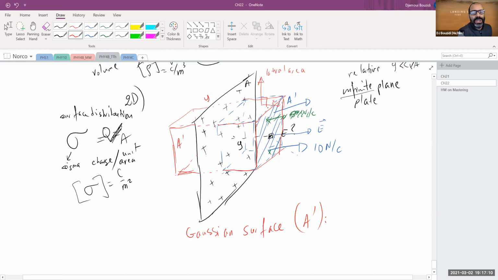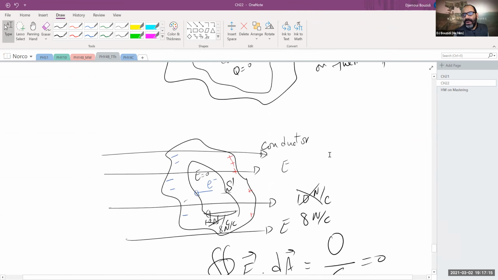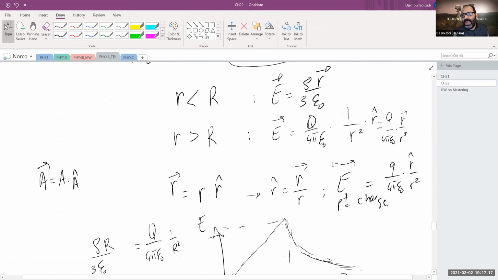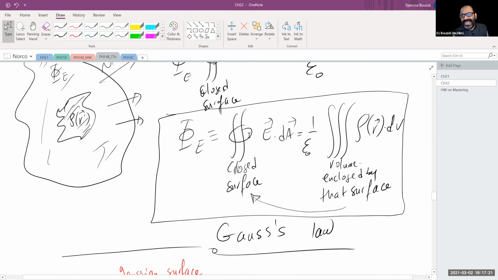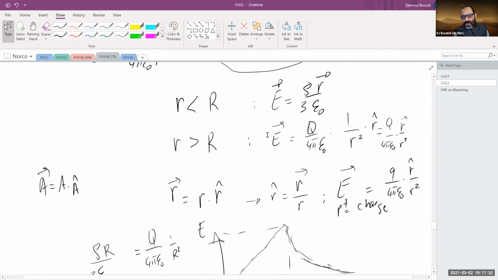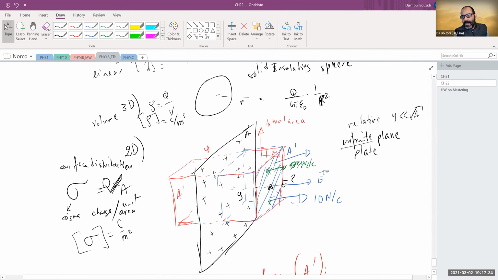So in this case, there is no contribution from the lateral surface: the flux of the electric field on this side over the entire enclosed surface. That's why I have to worry about the lateral surfaces, because I want the entire enclosed Gaussian surface. So I will have 0 from the lateral surface.